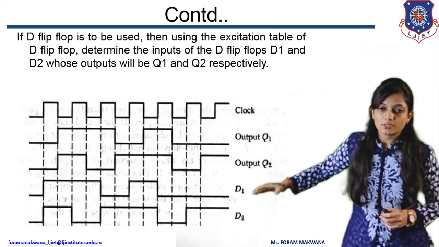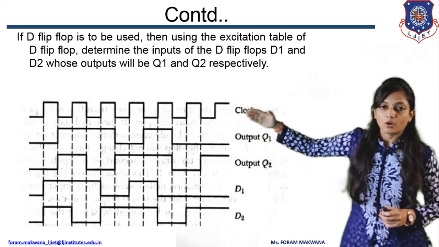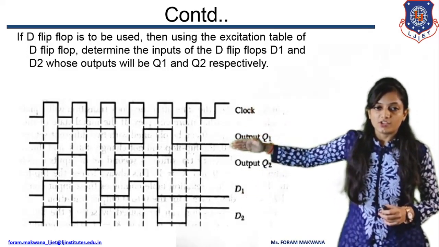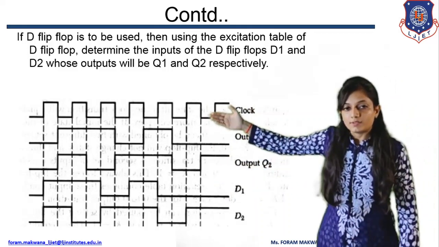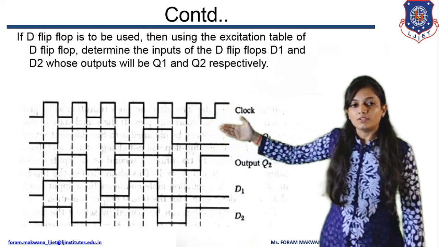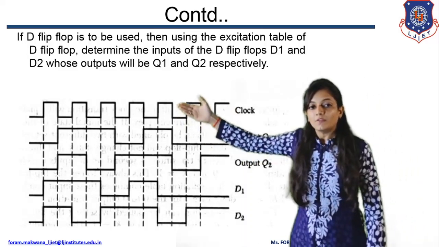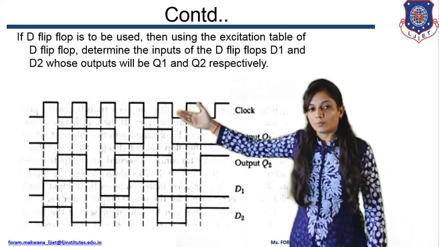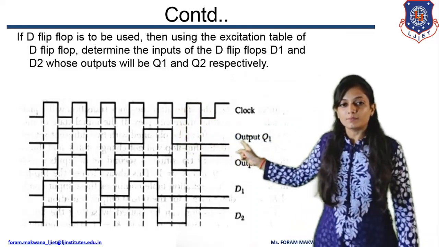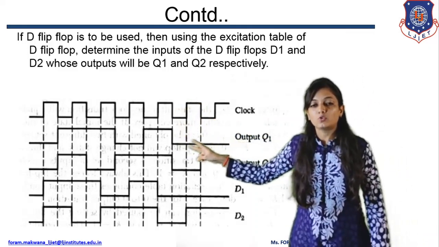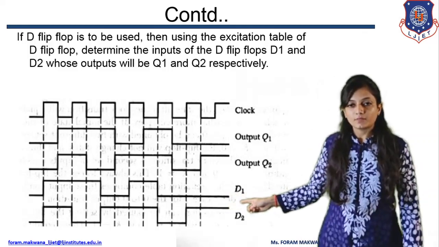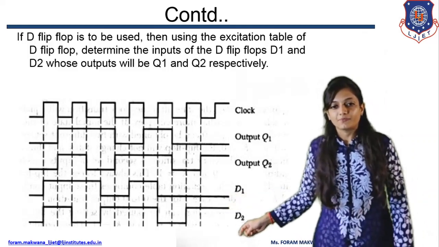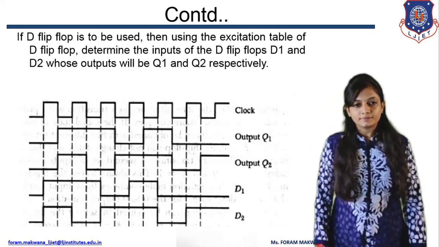Based on the state of D1 and the clock, output Q1 is going to change. As D1 equals 1 and the negative edge of the clock arrives, my output Q1 reaches 1. After the first negative clock pulse, my Q1 becomes 1, and it remains 1 for 2 clock pulses, because D1 is 1 for 2 clock pulses. Similarly for D2.